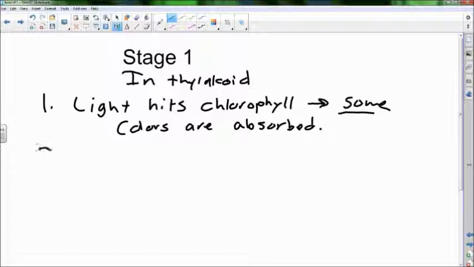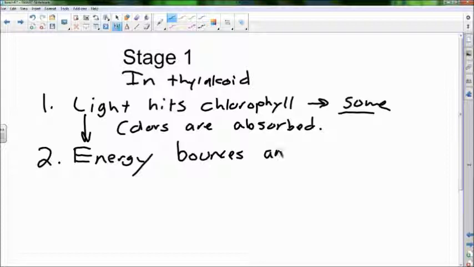So the second part here is that the energy, we'll draw an arrow from the light because that's where it comes from, the energy bounces an electron out of the molecule.